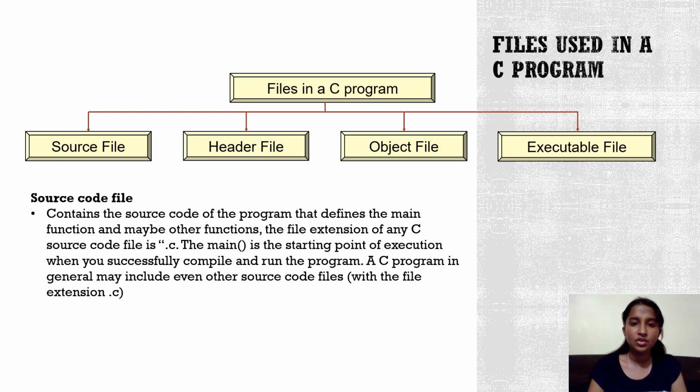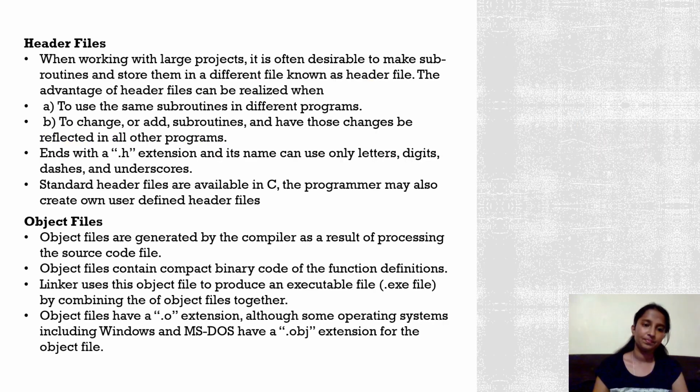The file extension of any C source code file is .c. The main is the starting point of the execution when you successfully compile and run the program. A C program in general may include other source code files with the file extension .c.